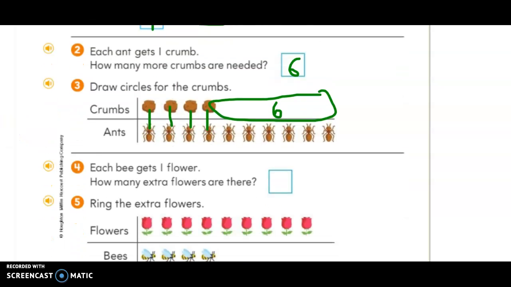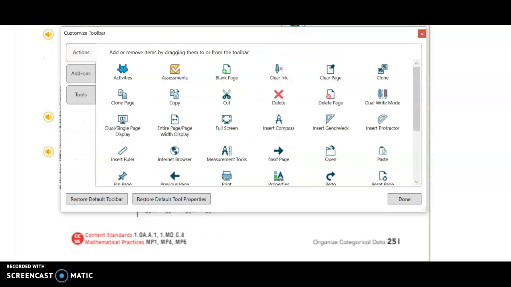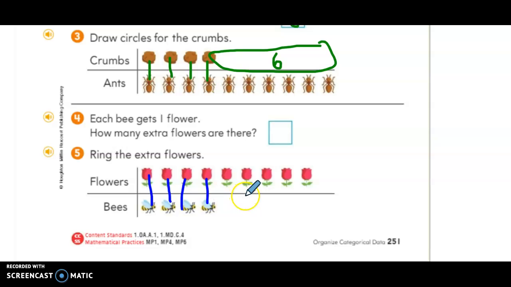Let's practice again with the bees and the flowers. Okay, now we're ready. Okay, we're going to match up and see what is the same. Same, same, same, same.